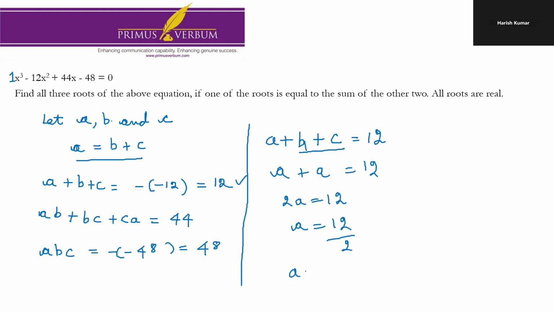So A is equal to 6. Okay, is there anything else we can do?